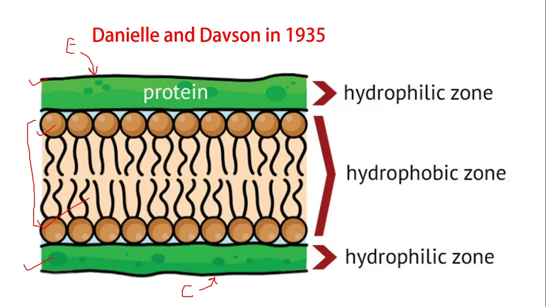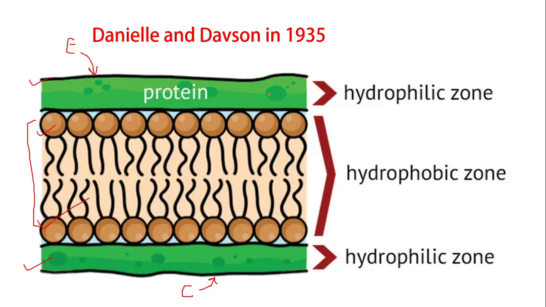Both are in direct contact with the protein layers. So we can say that the lipid bilayer is sandwiched between two protein layers, like a sandwich, with the two protein layers on the outside and the lipid bilayer on the inside. So it is called the unit membrane model.